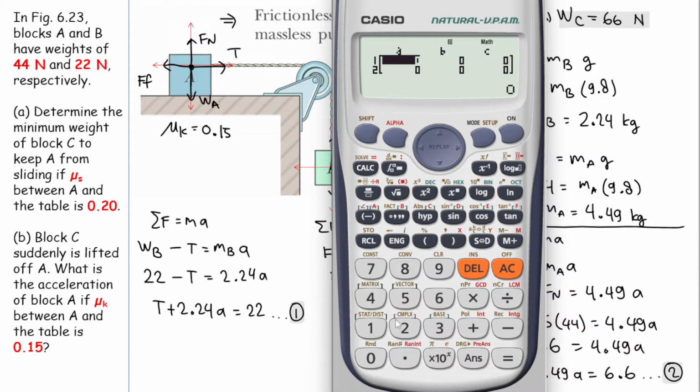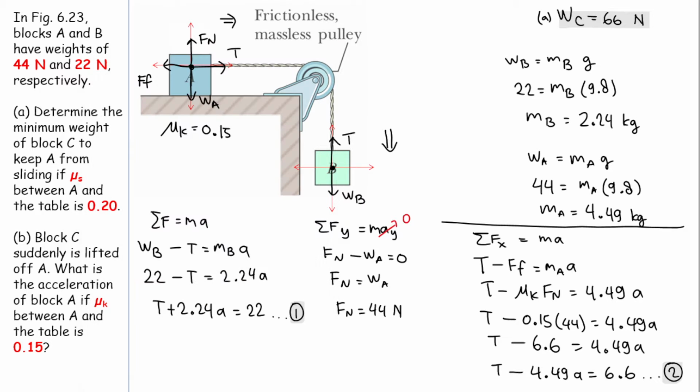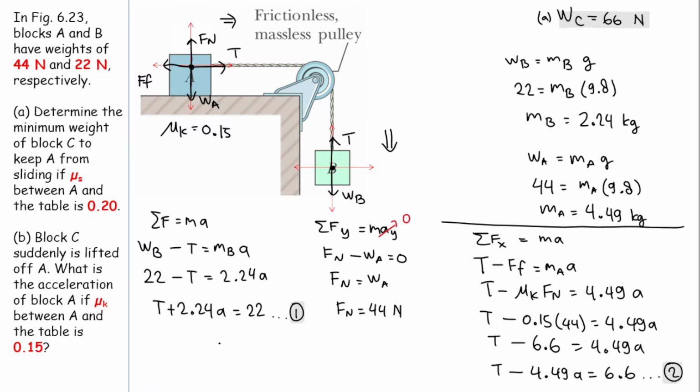Now let's plug this in. I will have 1 and then 2.24, equal to 22. Then the second equation: 1 here, and then minus 4.49, equal to 6.6. The x value is the tension of the rope, so T is 16.87, and the unit is Newton.